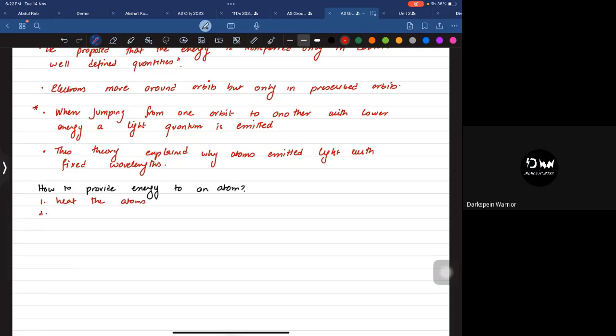Number two, throw high energy electromagnetic radiations. Number three, provide electrical energy. All right, kids. These are the three ways you can do that.